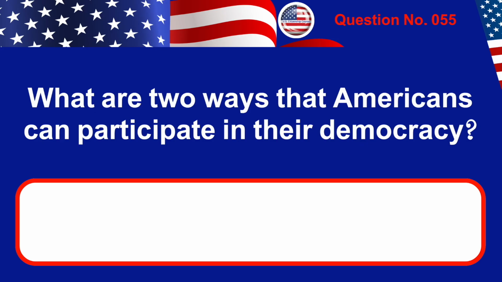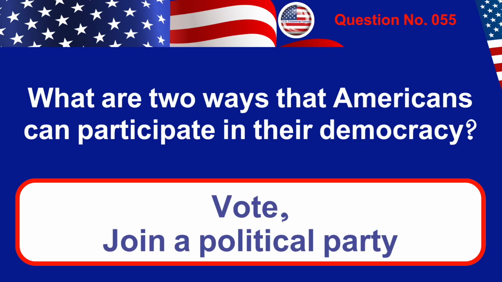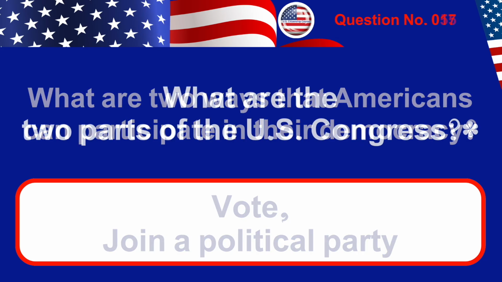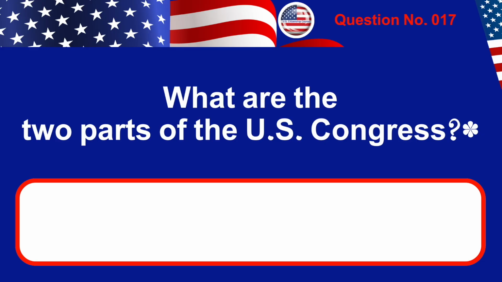What are 2 ways that Americans can participate in their democracy? Vote. Join a political party. What are the 2 parts of the U.S. Congress?